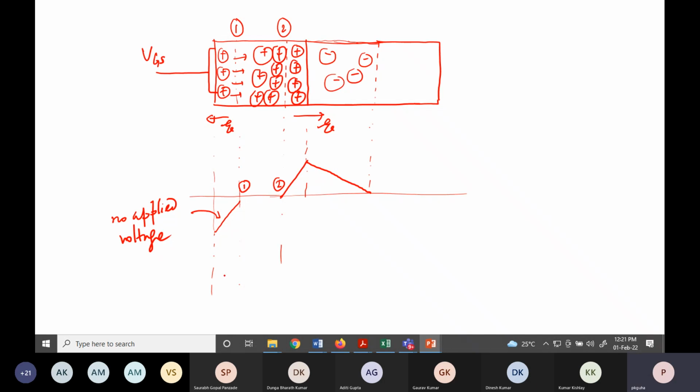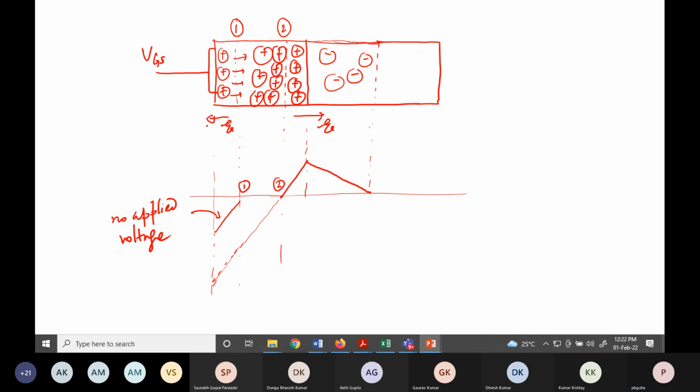Then the electric field will be something like this, right? So if we increase the bias at the gate, at some point both depletion regions will touch each other, right?